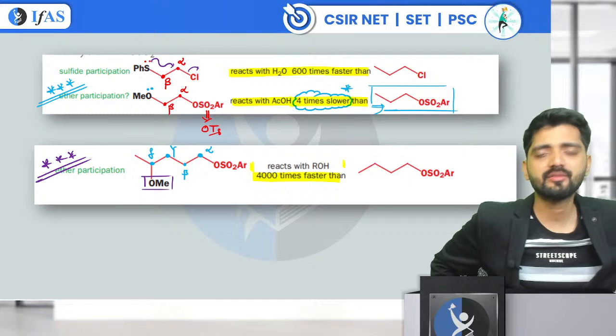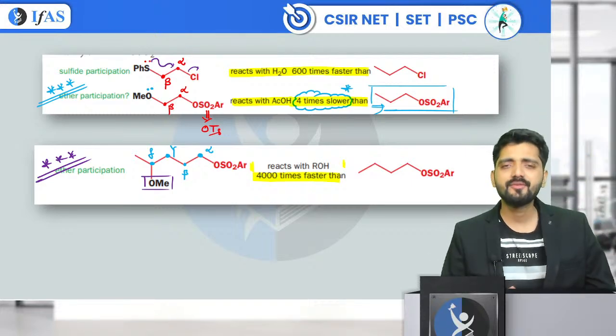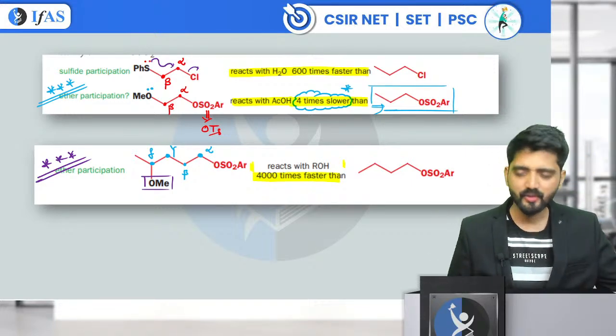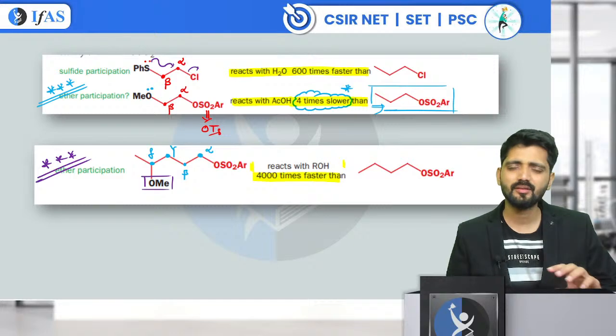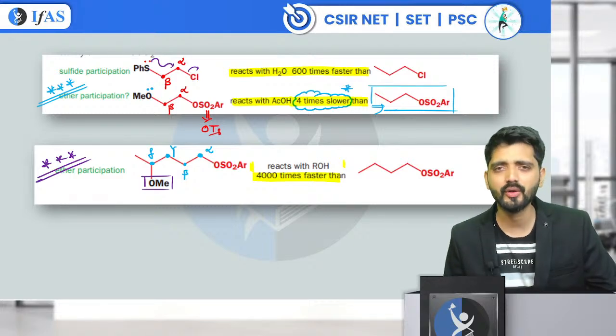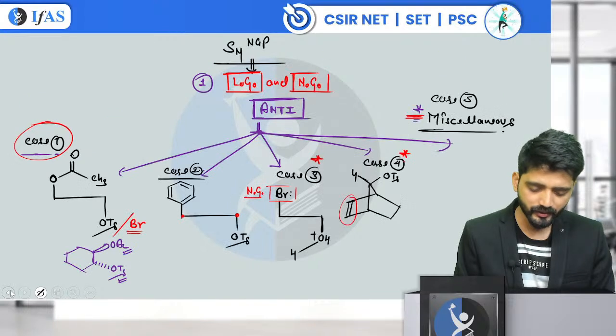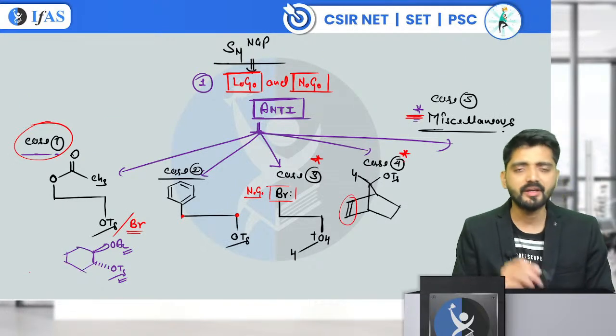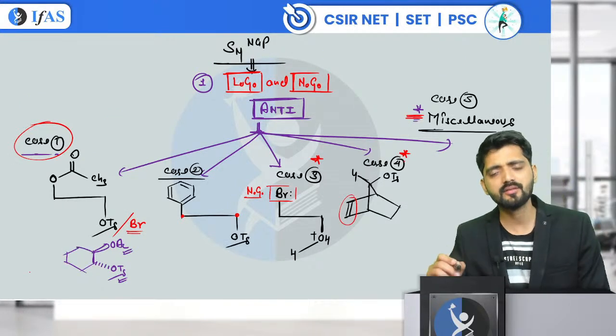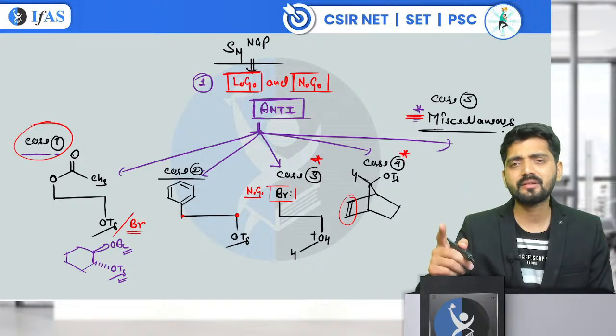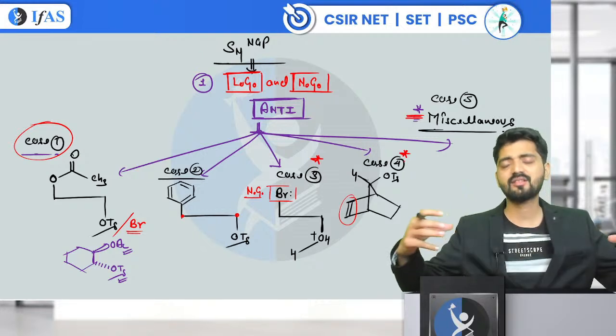We will be covering this part, but for now I have just given you a little bit of introduction. We will go in sequence, otherwise if I straightaway start this OMe case, there will be lots of confusion. First of all, we are going to study case number 1, case number 2, case number 3, case number 4. And then in the miscellaneous portion, there are further some bifurcations.